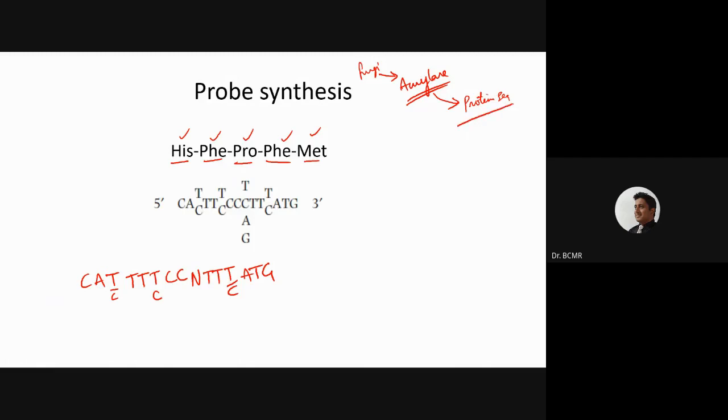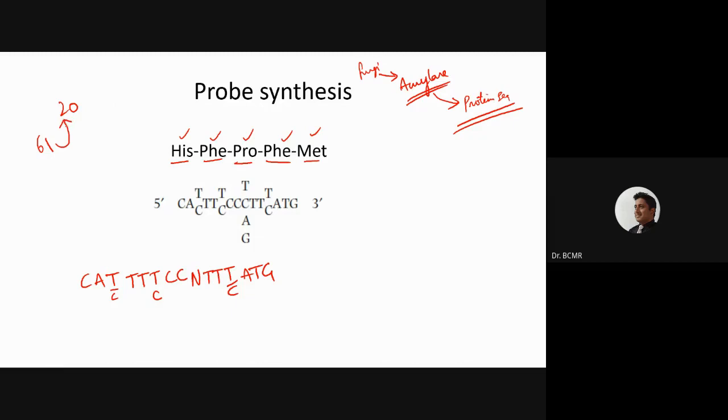Then you have T, T, T or C, and then A, T, G. If I know the protein sequence, I have to find out the region which has more amino acids that are represented fewer times in the genetic code. I hope you remember the genetic code. We have 20 amino acids and about 61 codons representing them.